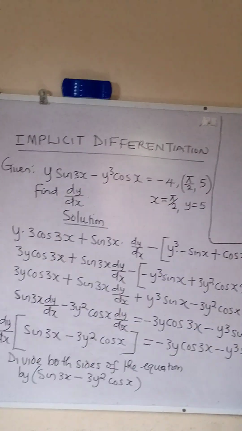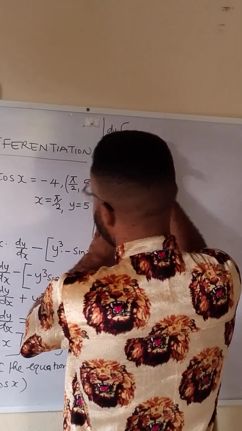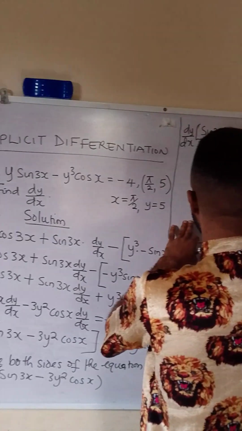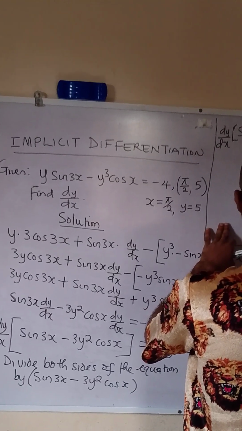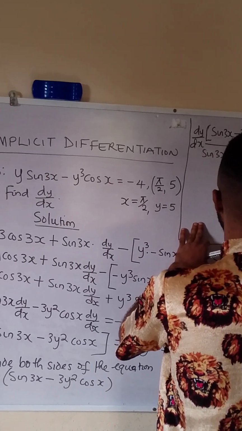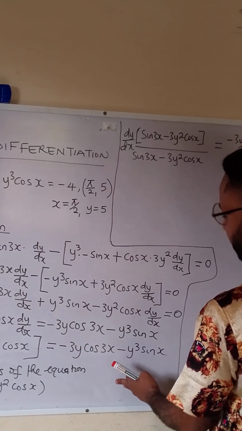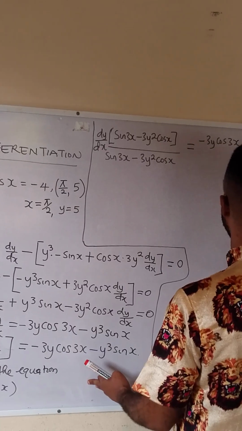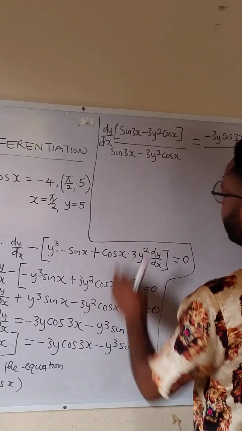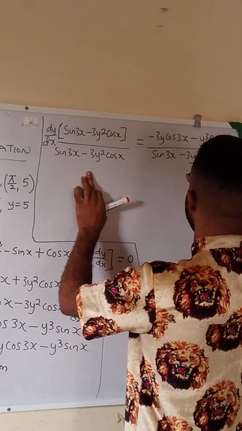And so when we implement that mathematical statement, we are going to have dy/dx into (sine 3x minus 3y squared cos x) divided by (sine 3x minus 3y squared cos x) equal to, on the right hand side, minus 3y cos 3x minus y cubed sine x divided by sine 3x minus 3y squared cos x.